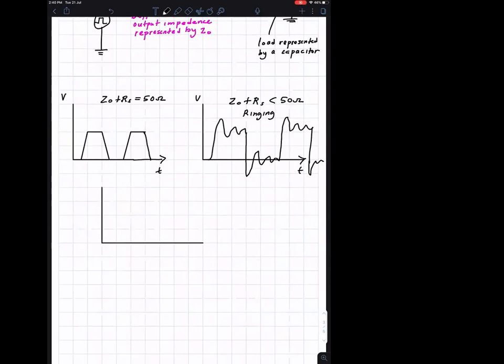Okay, if Z naught plus RS is more than 50 ohms, then you're going to get something like this.